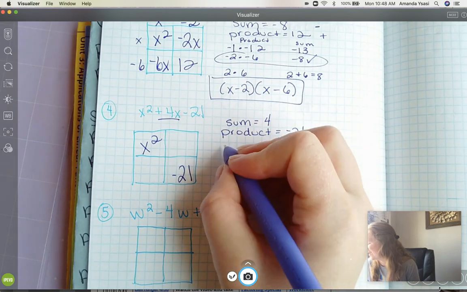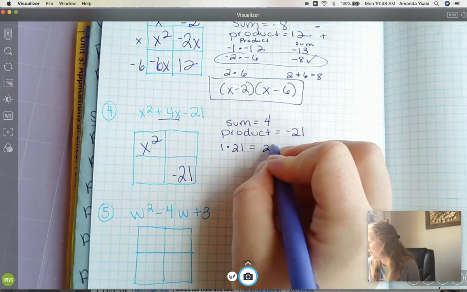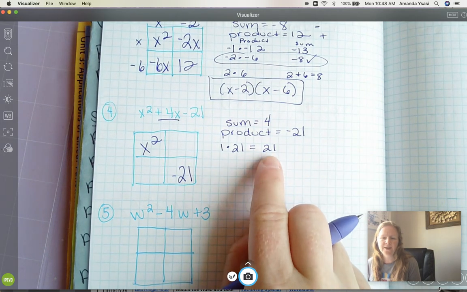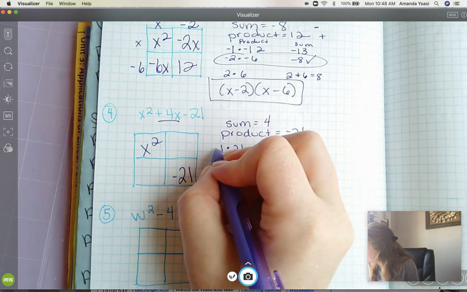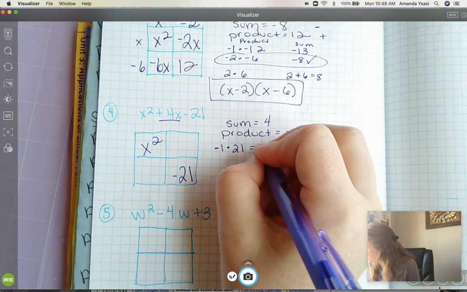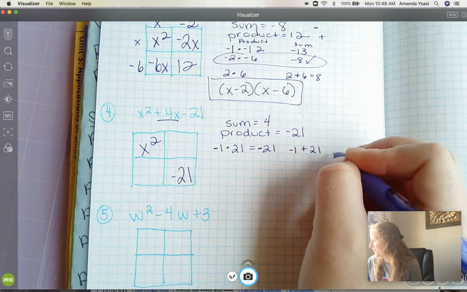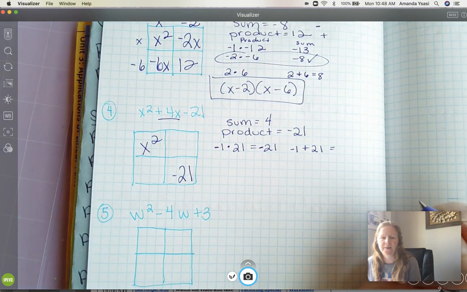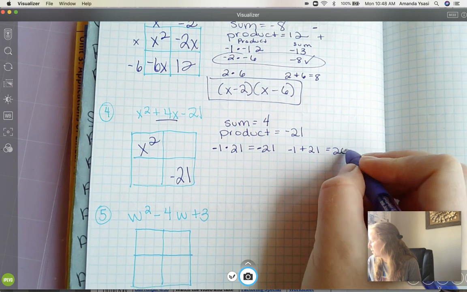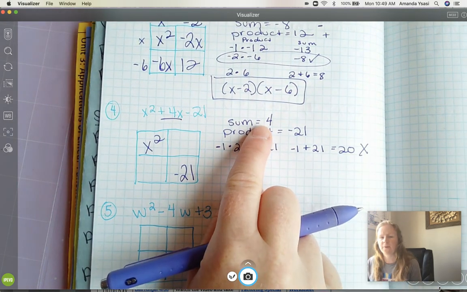Well, the only way is, say, 1 times 21 gets 21. But what's missing here is you don't have the negative. So we have to have one that's negative. So let's do -1 times 21 gets -21. Then if we add those, -1 plus 21, it's just like saying 21 minus 1, which is 20. Okay, so that's not it because we want a sum of 4.